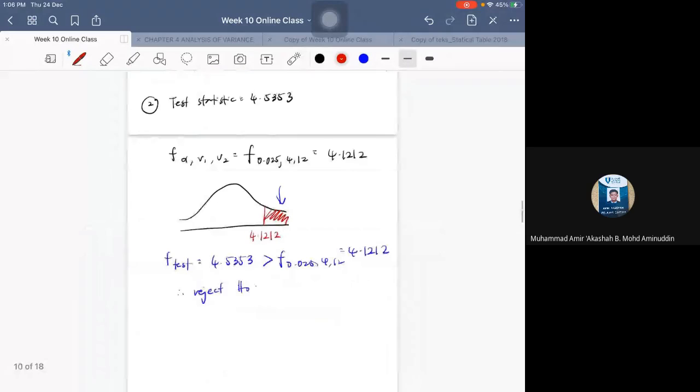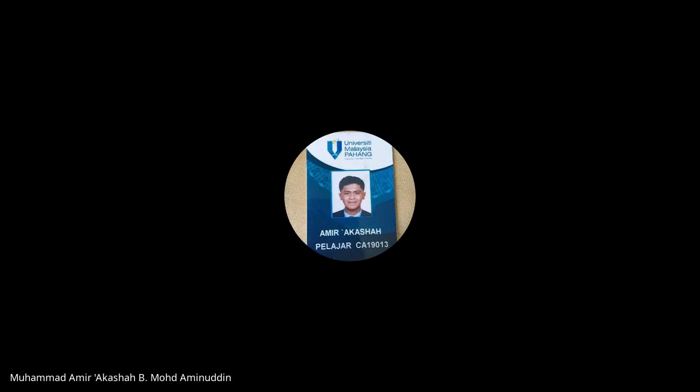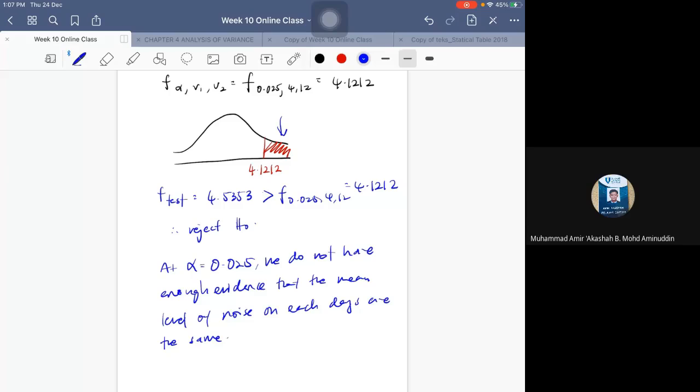We're going to say that at alpha equals 0.025, we do not have enough evidence that the mean level of noise on each day is the same. Basically, at alpha equals 0.025, the means are going to be different. Not all of them are the same. So that is going to be the conclusion.